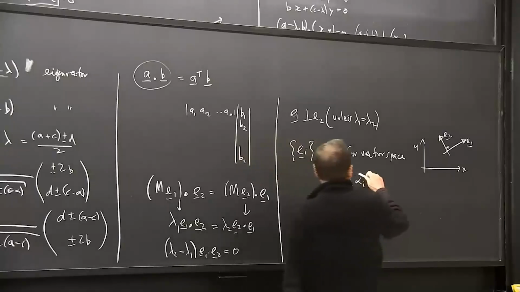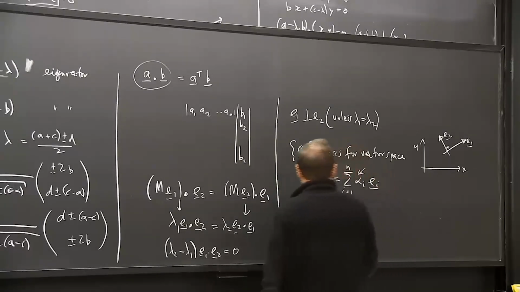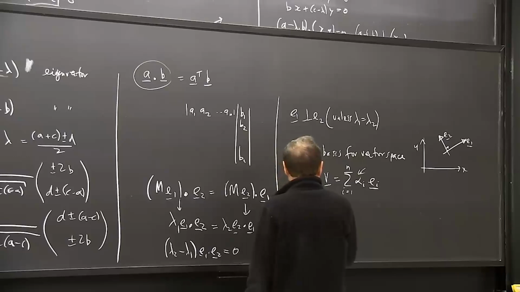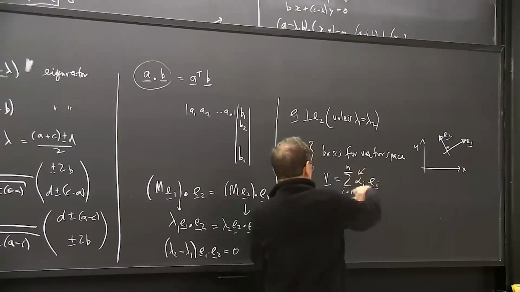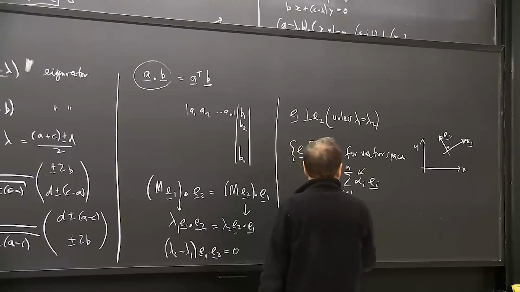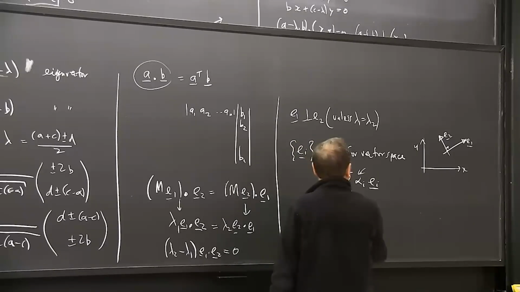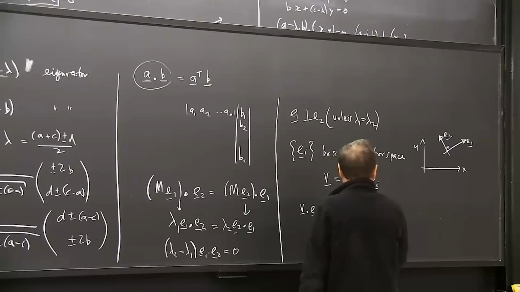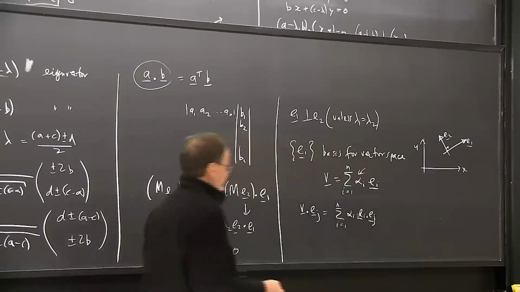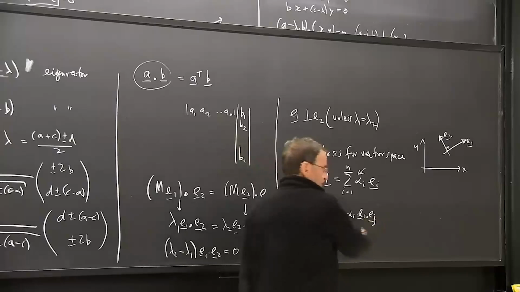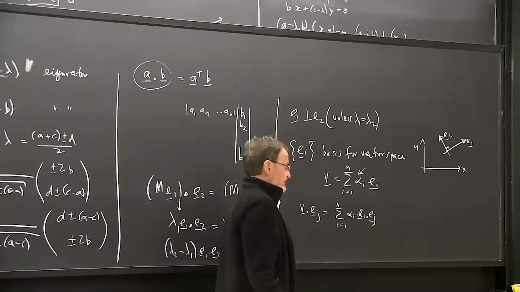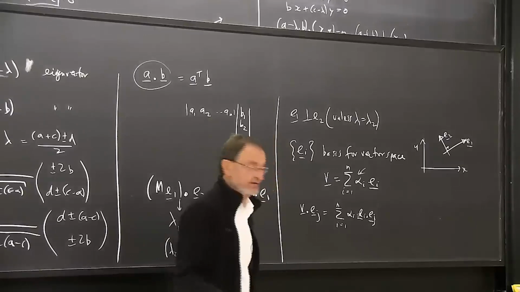So what are these alpha i's? How do I find them? Well, that's pretty easy because I just do v dot e, I don't know, let's call it j. We don't want to get in conflict with the i, which is a dummy variable in the sum. And we said that the eigenvectors are orthogonal to each other. So that means that all of these dot products are 0. Well, except one, which is ei dot ei, right?